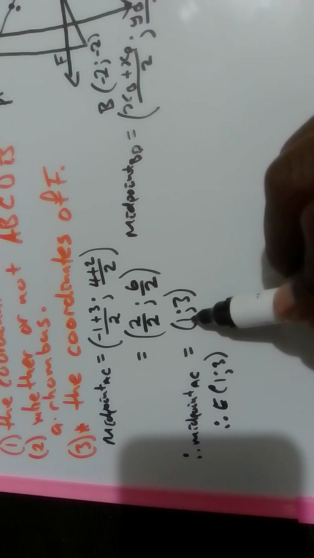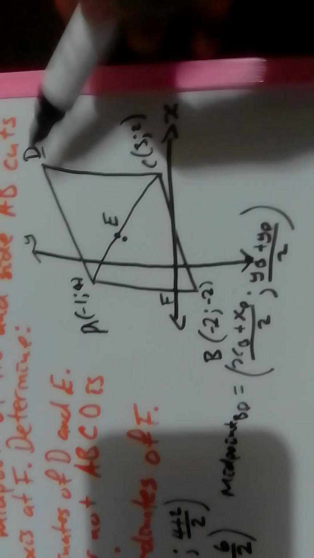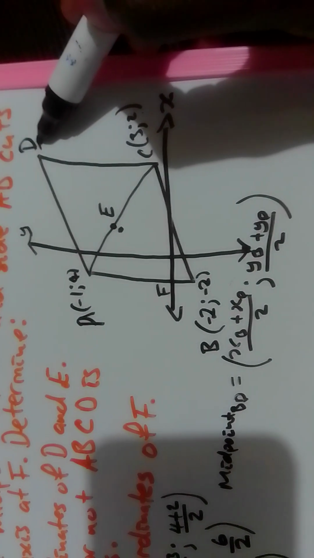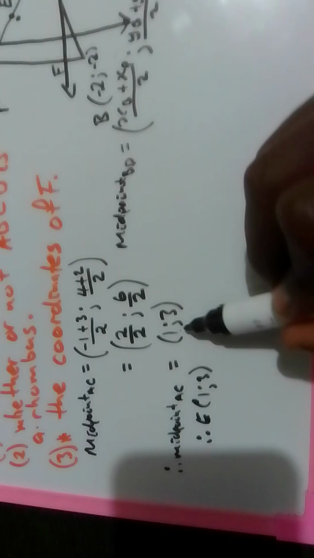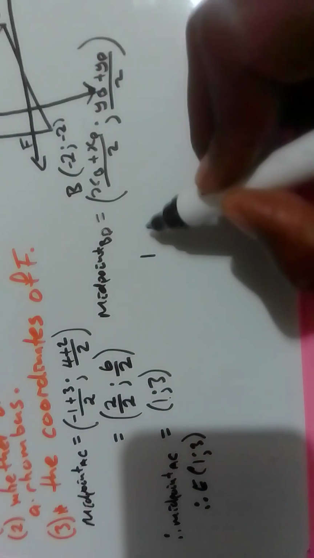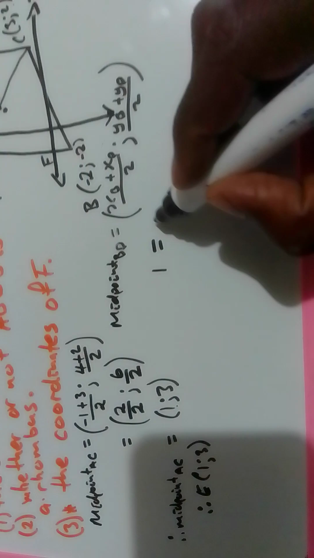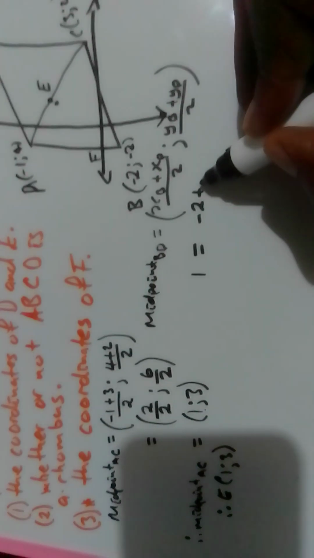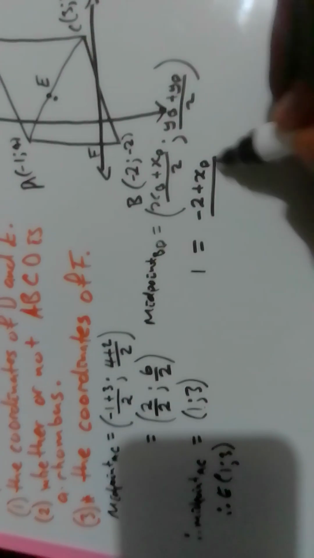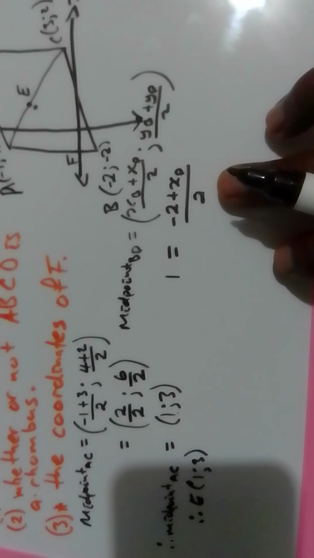So we know that we have the X coordinate and Y coordinate. Here we start by looking for the X coordinate of point D. On my midpoint, what is my X? My X is 1. So I fill out 1 here and I say is equal to. Then my XB is -2, so I've got -2 plus I do not know the X at point D, so plus XD, all divided by 2.